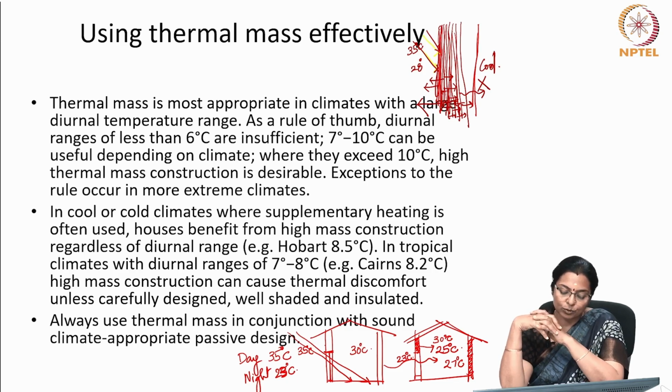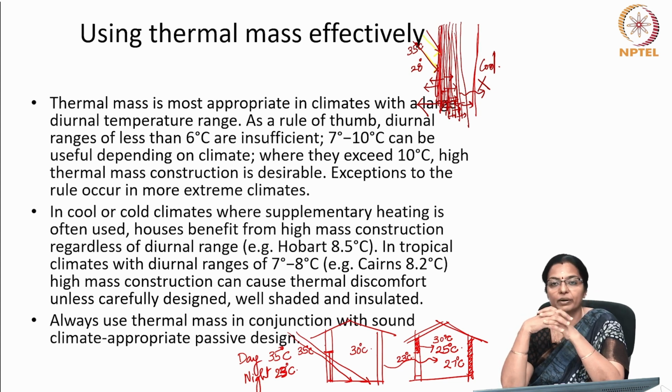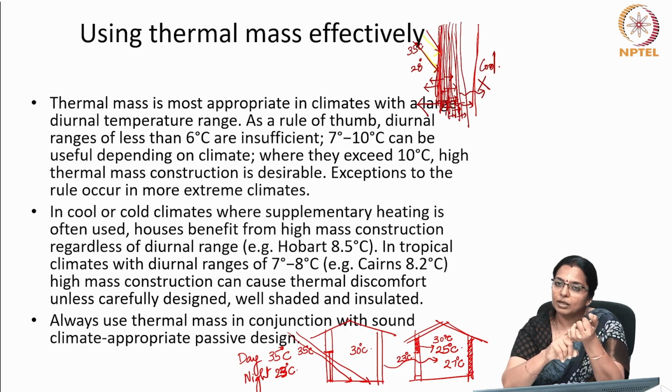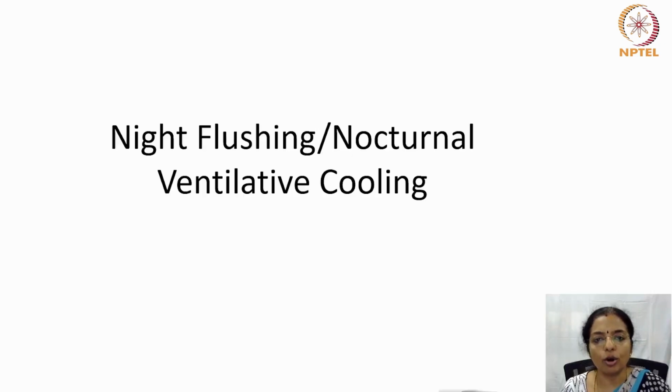So always use thermal mass in conjunction with sound climate-appropriate passive design and knowledge of the climate of the place and the thermal mass of the building material that you use. So when we talk of thermal mass, it's very important for us to understand that nocturnal ventilative cooling clubbed with thermal mass can be a very effective passive cooling tool.